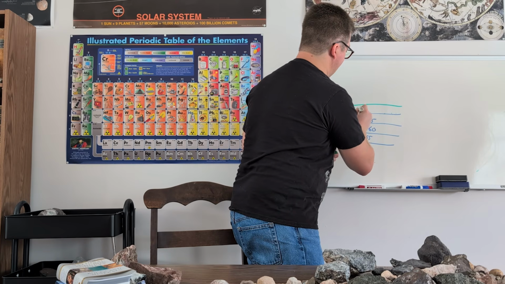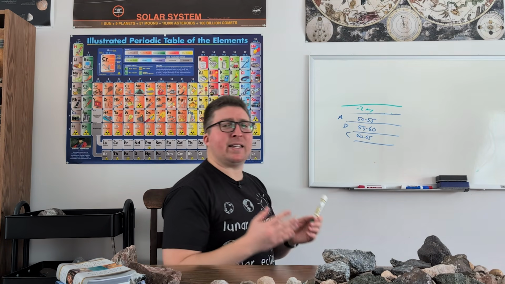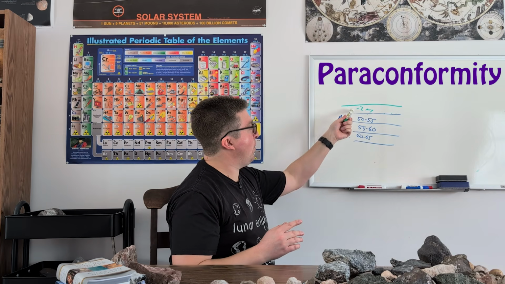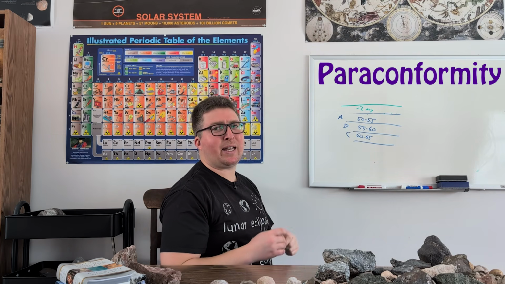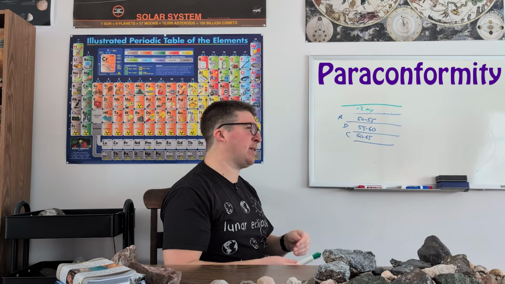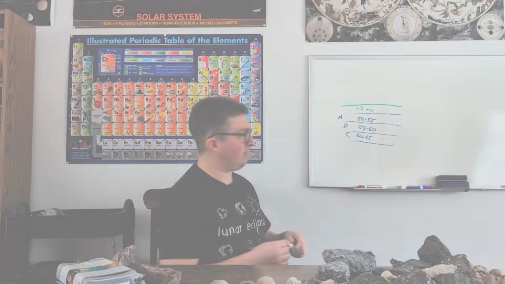We'll call it negative 2 million years old. So a paraconformity is a flat feature with a missing period of rocks, and it just refers to a period of non-deposition. Not necessarily a period of erosion, it's just a period where nothing was being laid down.